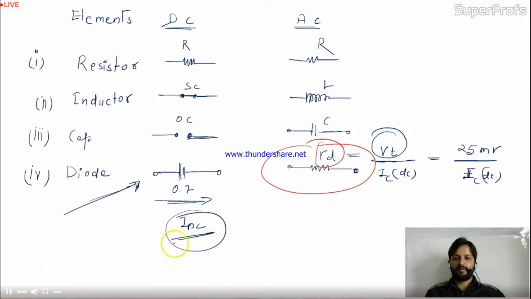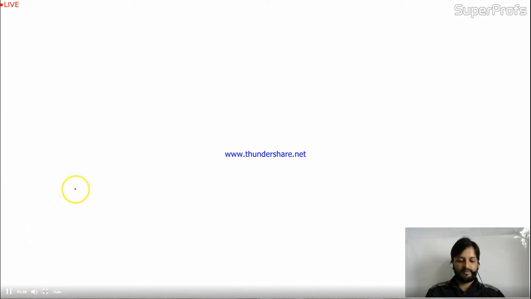Is it okay? So let me take one example based on this. Friends, the question given is, this is 1K. Here I have 4 diodes connected in series in this way.